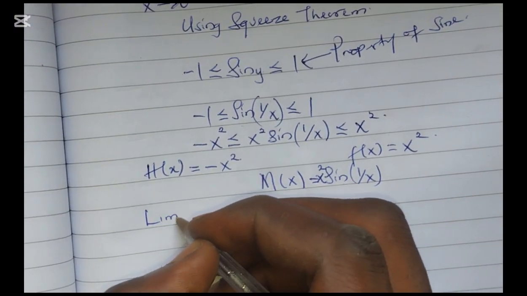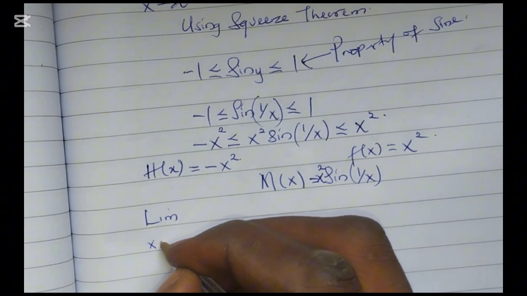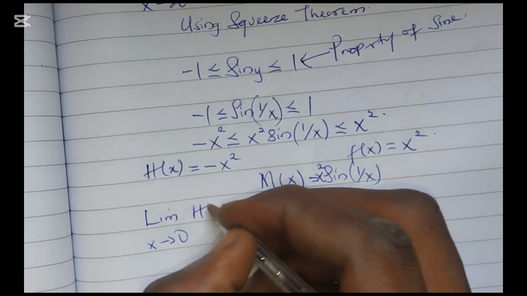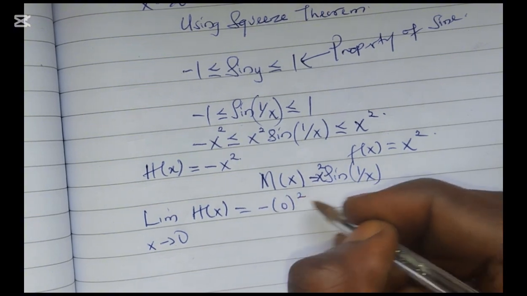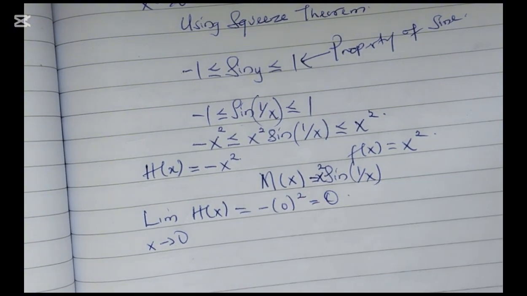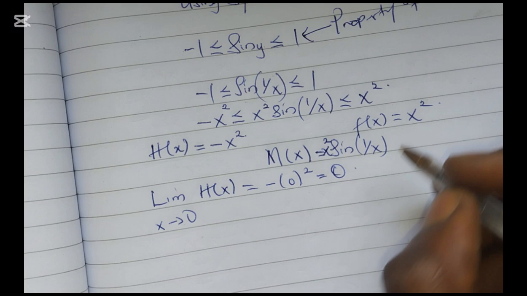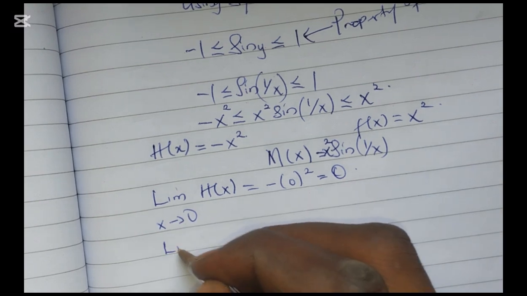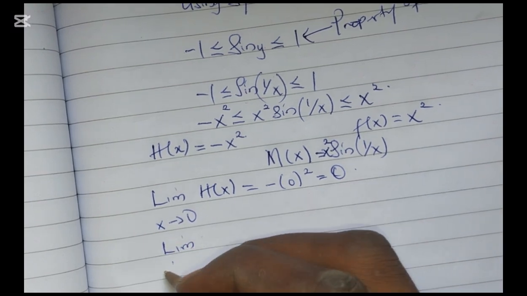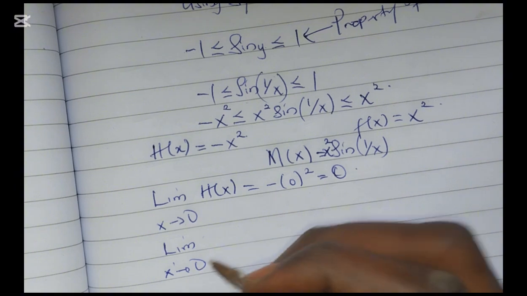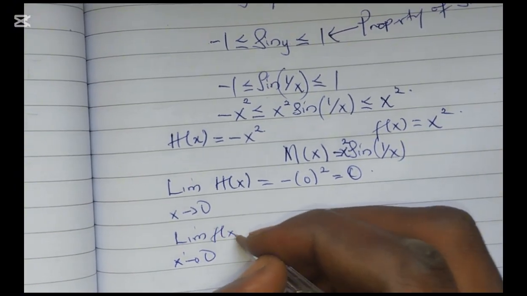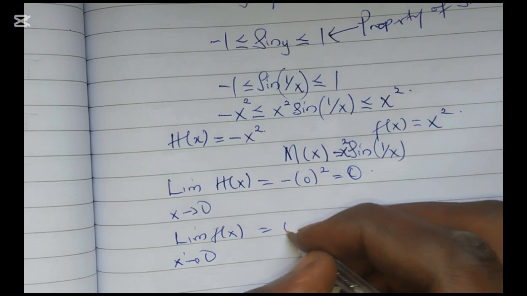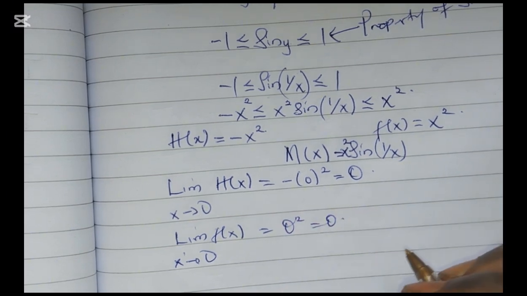So the limit as x goes to 0 of h of x equals negative 0 squared, which is equal to 0. Okay, that exists as 0. Now the second one: the limit as x approaches 0 of f of x, which is x squared, equals 0 squared, which is equal to 0.